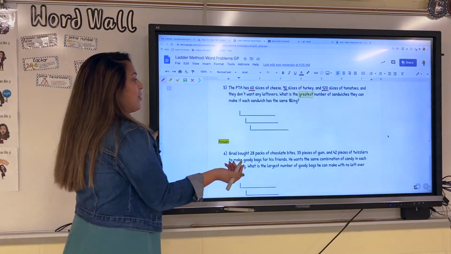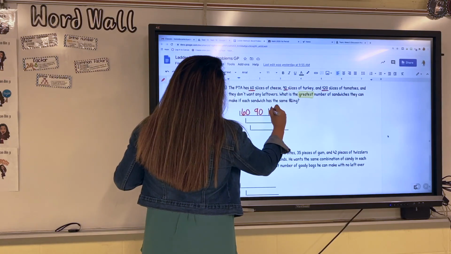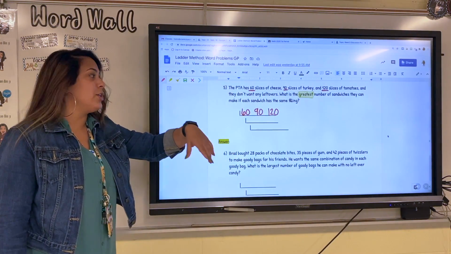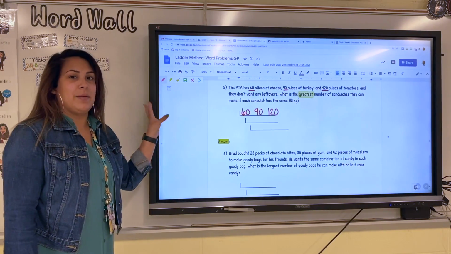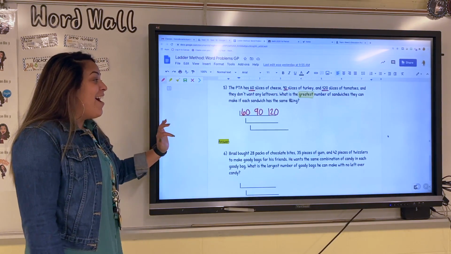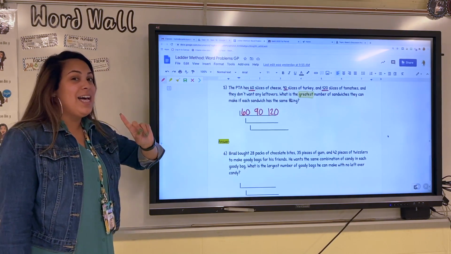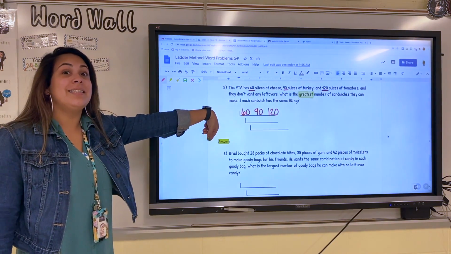So practicing it now, I'm going to write 60, 90, 120. Make sure you space them out because you don't want it to look like 6090120. Now, however, this one's a little bit easy because what do they all end with? 0.